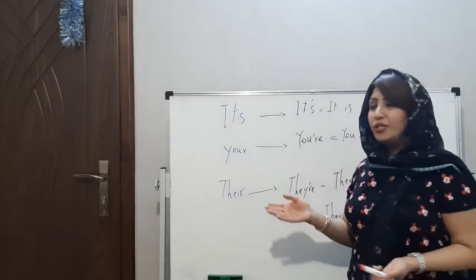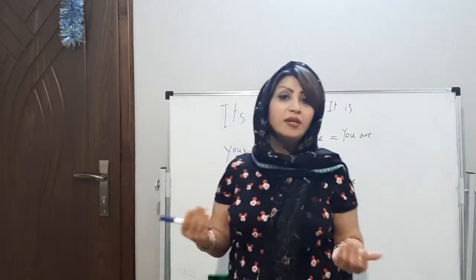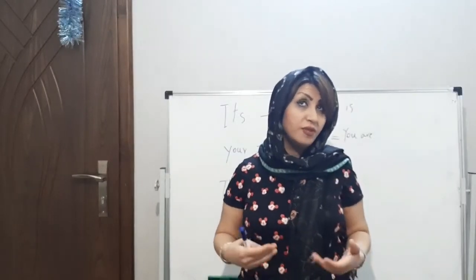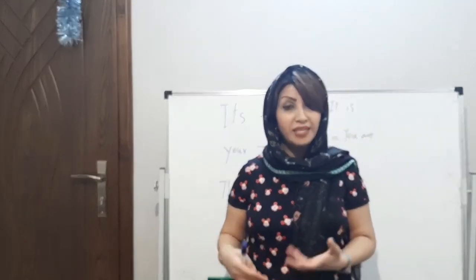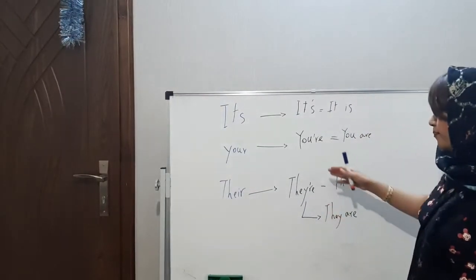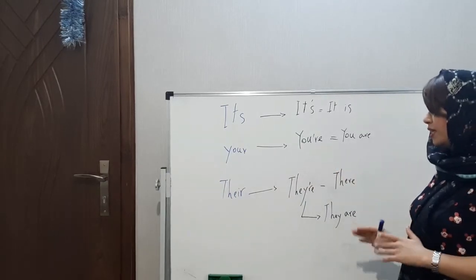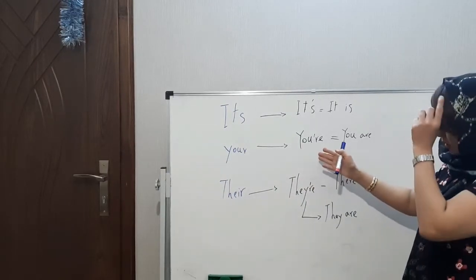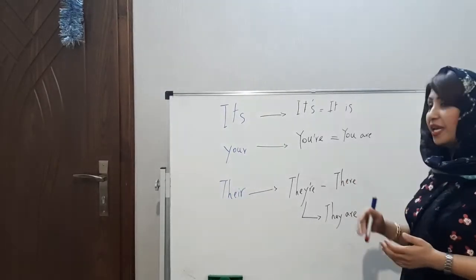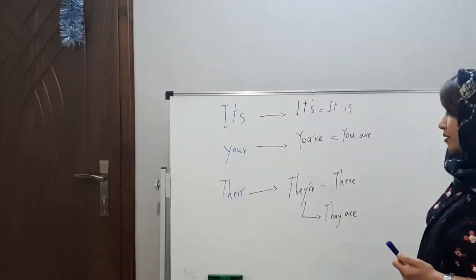When we say your as a possessive adjective, we should use a noun after it, for example, your family, your bag, your name. We shouldn't get confused with you're, the contraction form of "you are." It is not correct to confuse them.